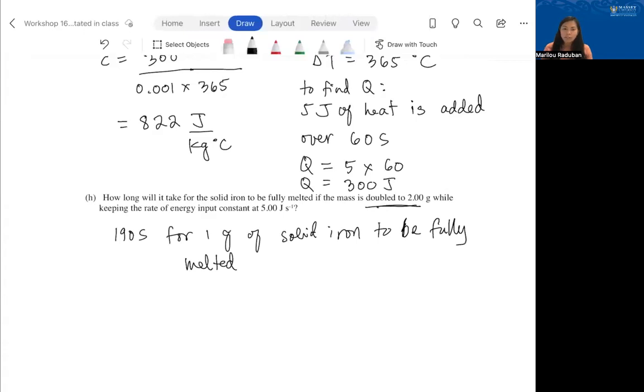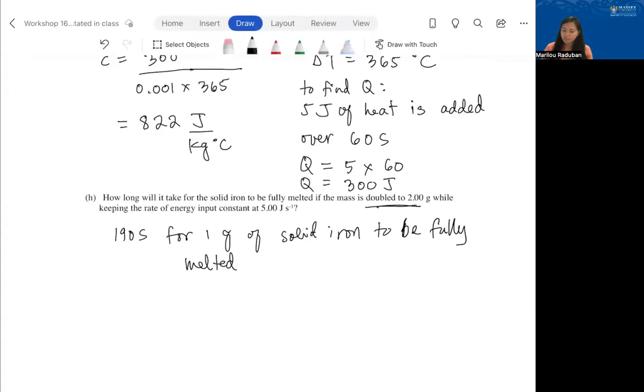If you doubled the amount of iron, then what happens to the time it takes to fully melt it? Will it also double, or will it be some different random time?